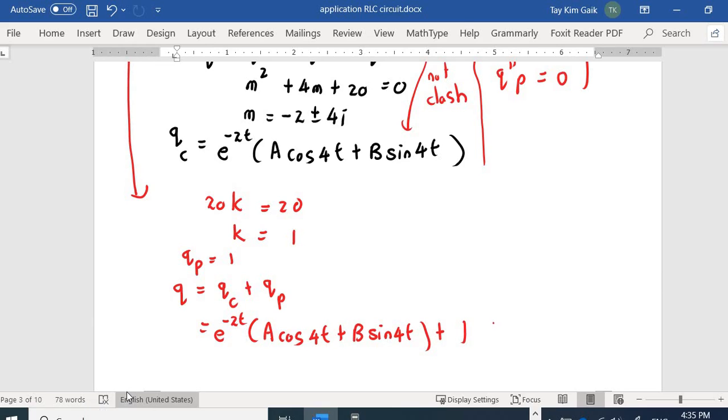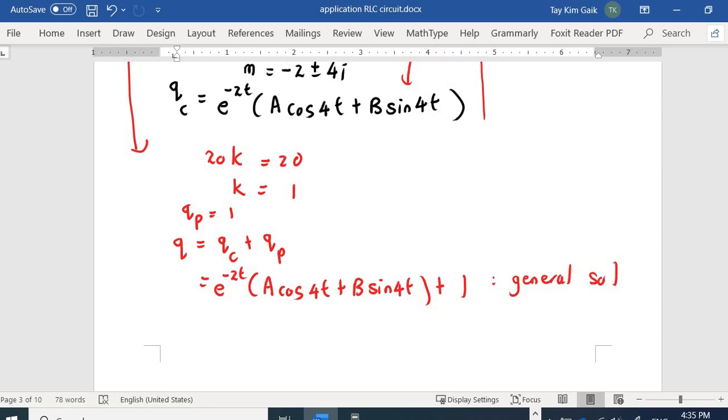So this is a general solution. As I said, for a general solution you must have 2 integral constants for second order, 1 integral constant for first order. Now to get the particular solution, you plug in at t equal 0, q equal to 0.